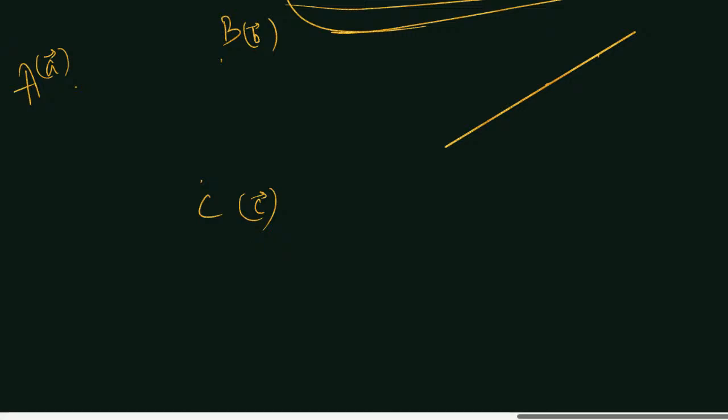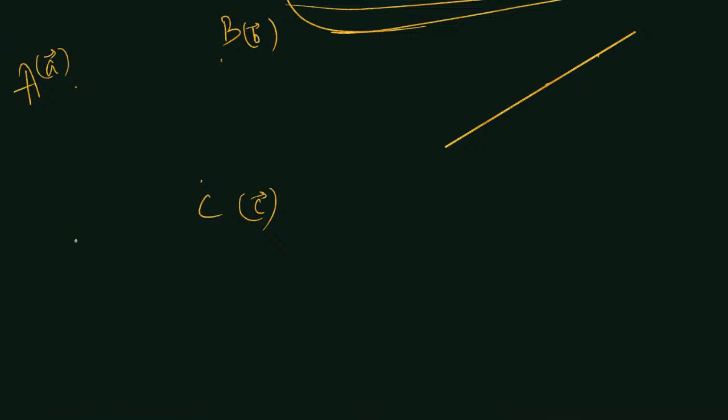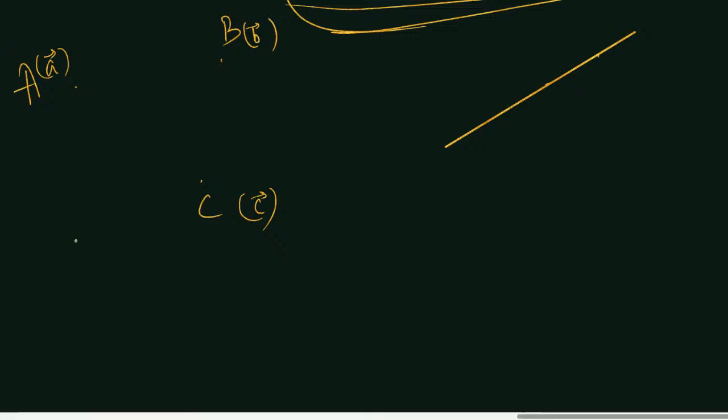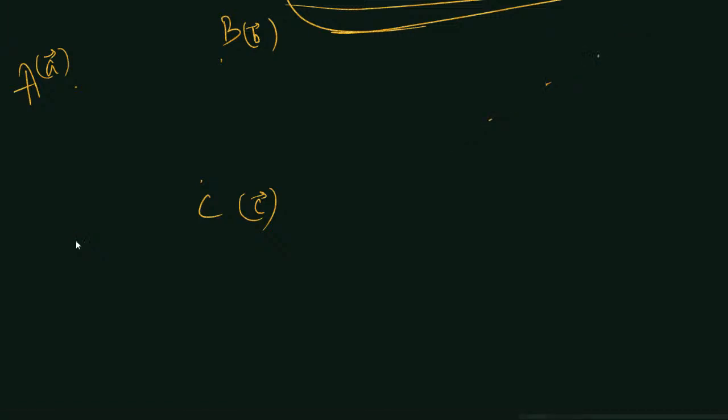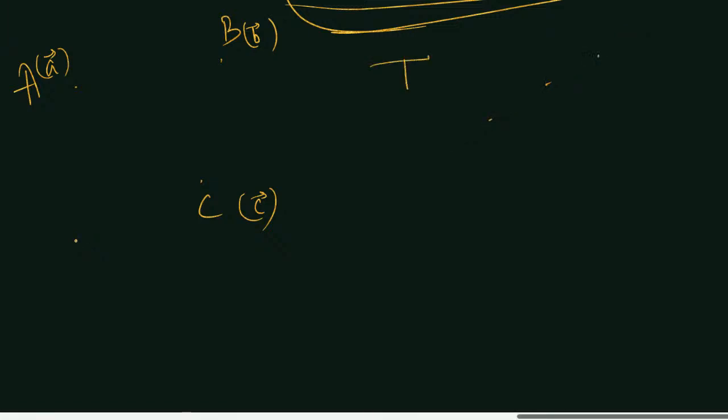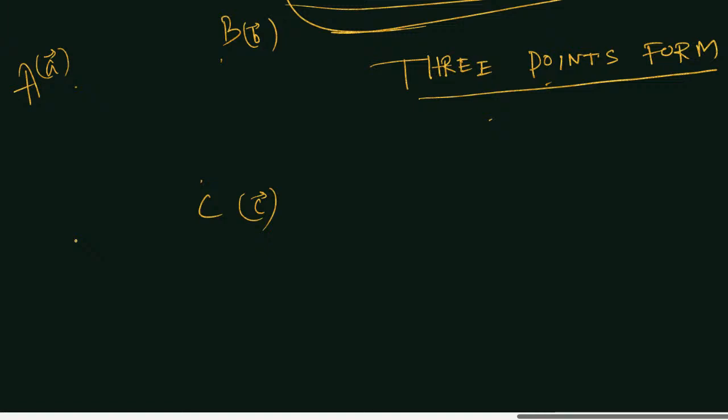So how to get this? Always we write this is 3-point form. So equation of plane passing through 3 points A, B and C. Okay?